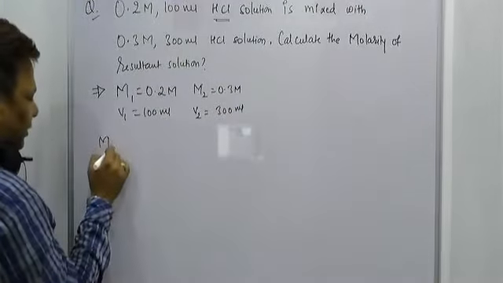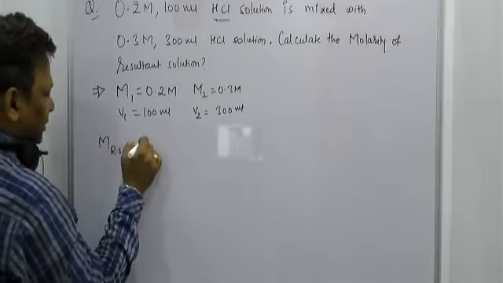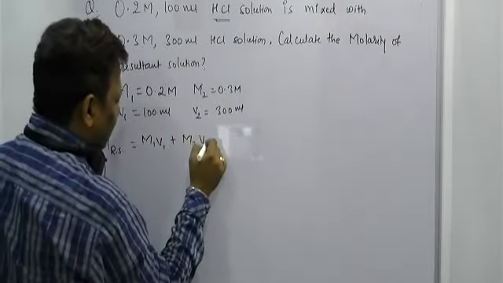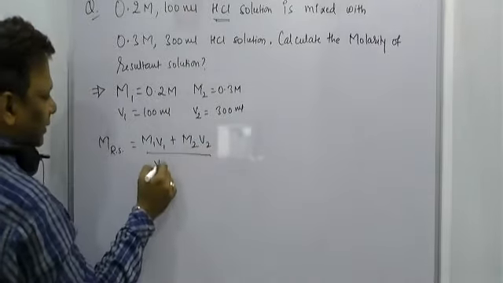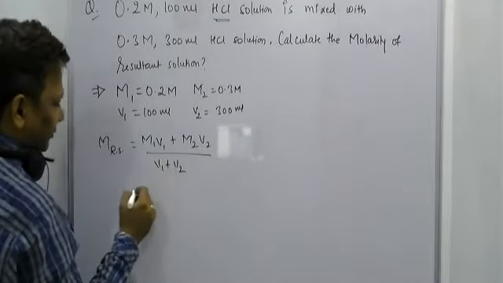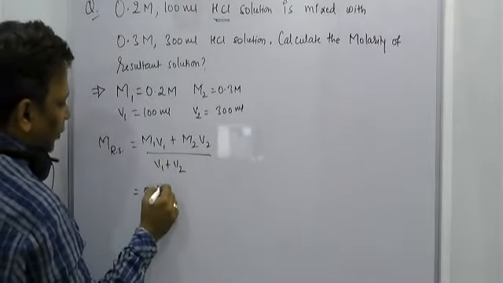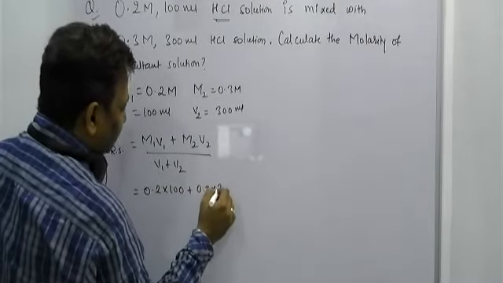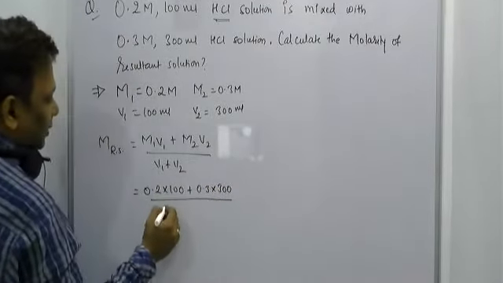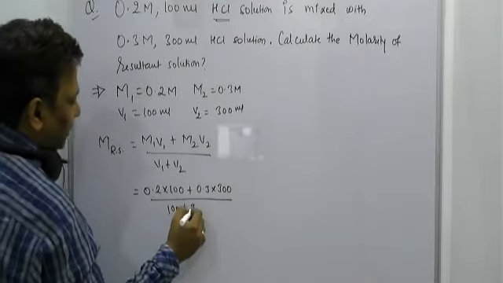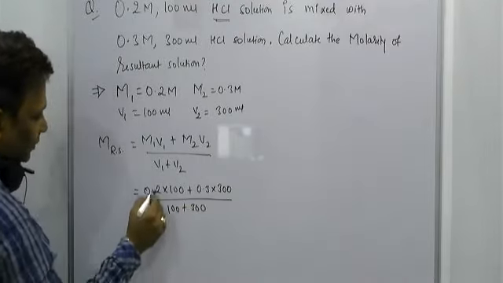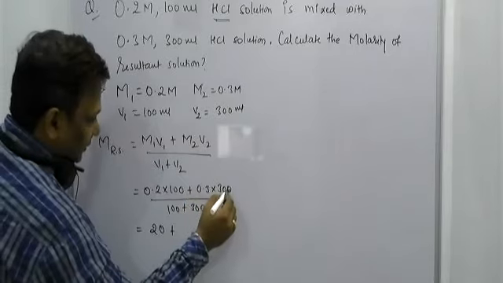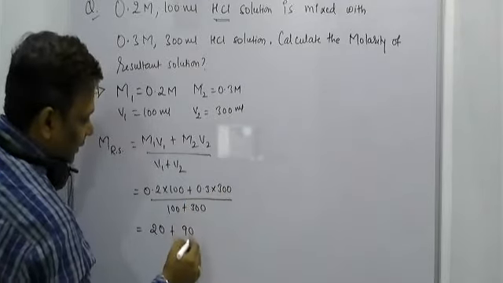Then the molarity of the resultant solution is (M1 V1 plus M2 V2) by (V1 plus V2). 0.2 of 100, 0.3 of 300, 100 plus 300. 2 by 10, 20. 3 by 10, 90.